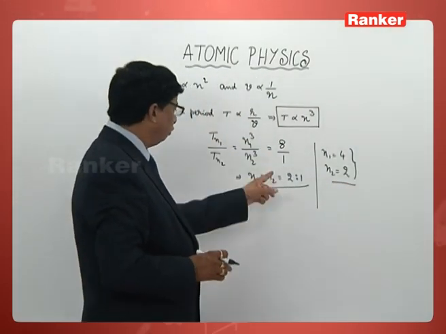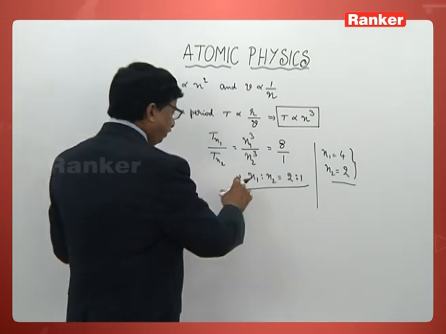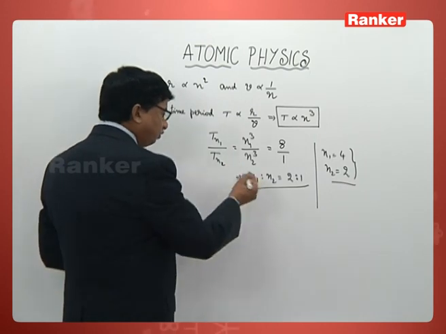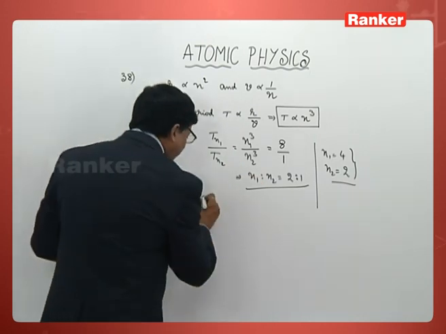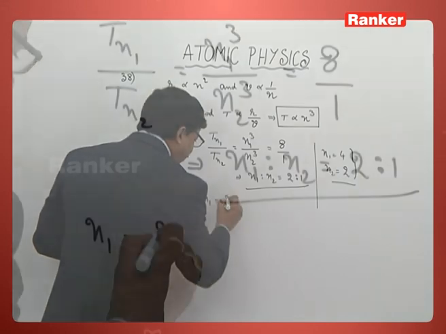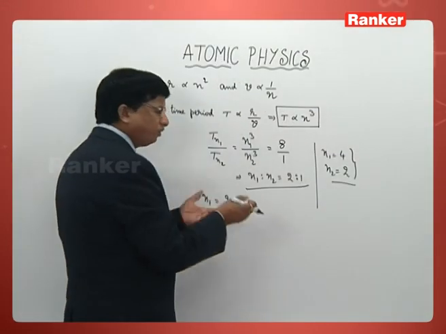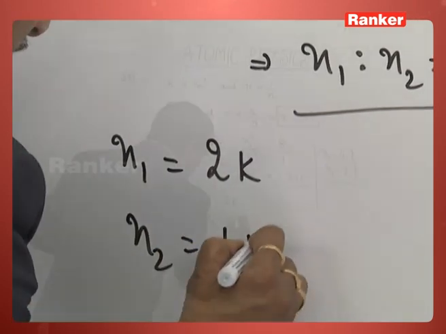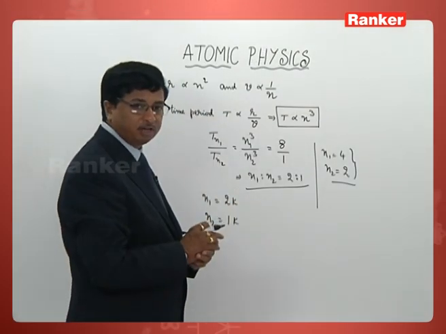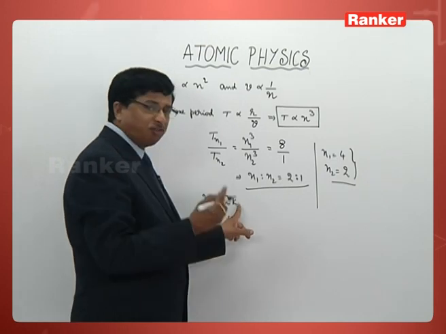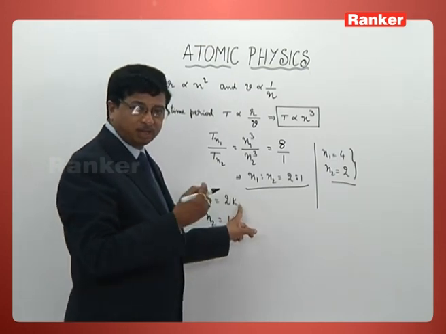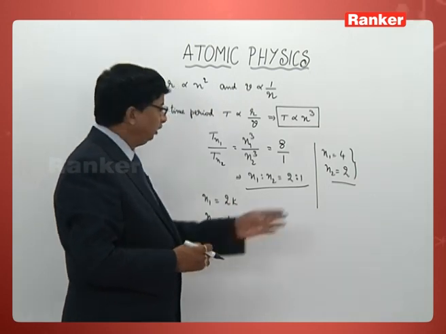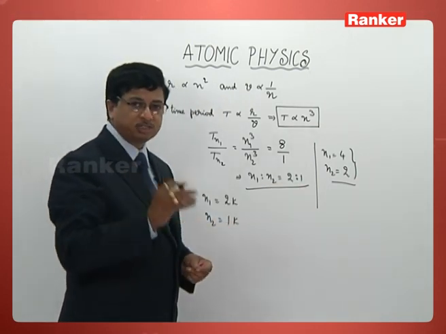Otherwise, you can also do it like this. If n1 by n2 is equal to 2 by 1, or n1:n2 is 2:1, I can take n1 as 2 times k and n2 as 1 times k, where k is a constant. If k is 1, the values are 2 and 1, which are not in the options.